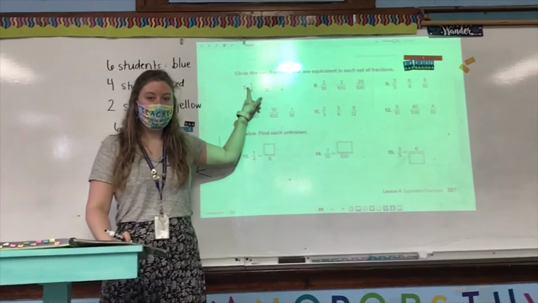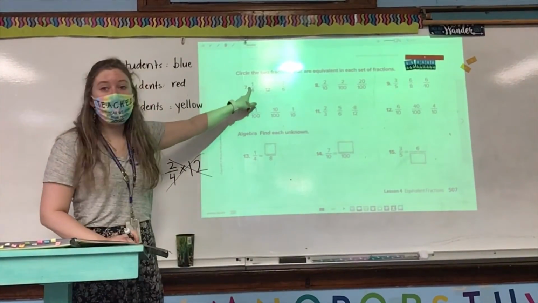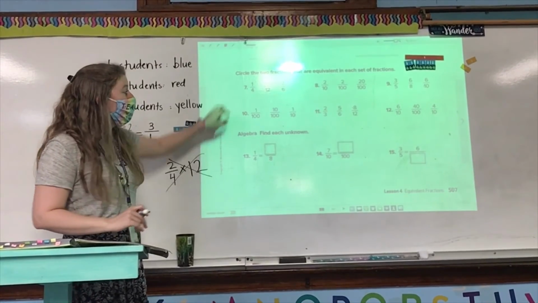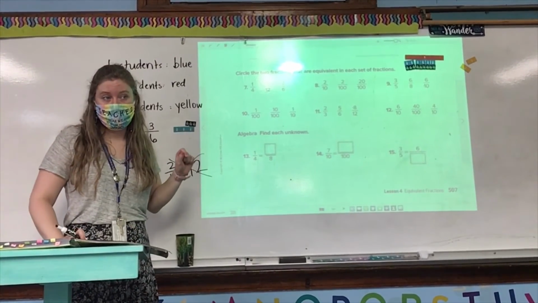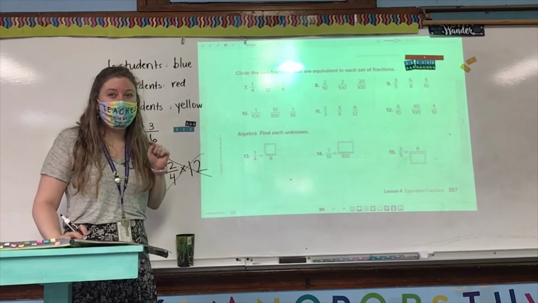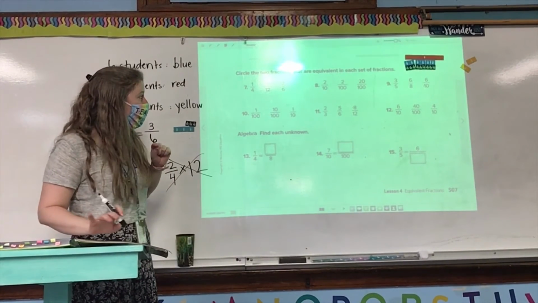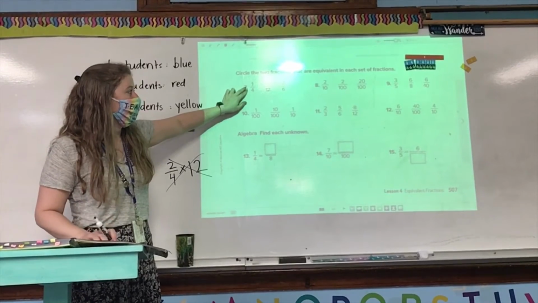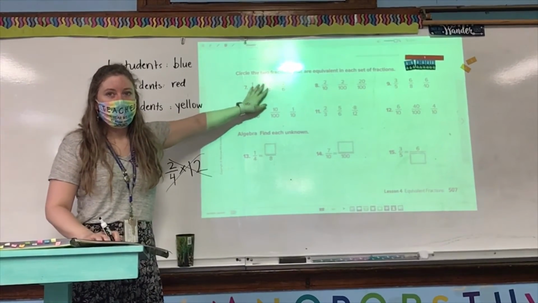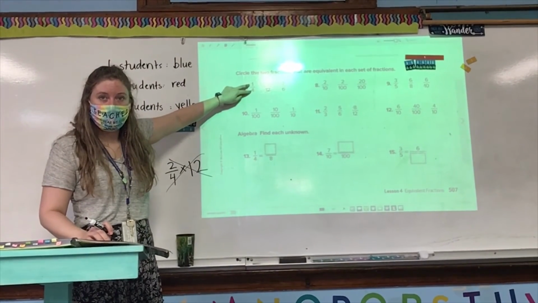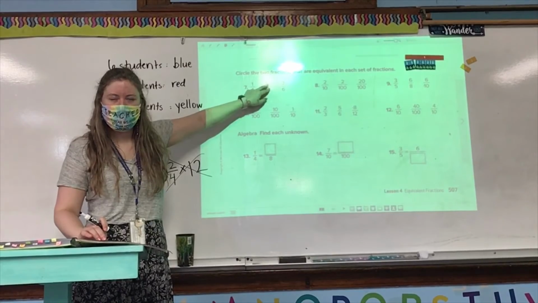Okay. So for problems like number 7, what you have to do is take each one and see if you can multiply or divide to get that next one. So what we're going to do is start with the smallest numerator, 1/4. Actually, we're going to start with the biggest.